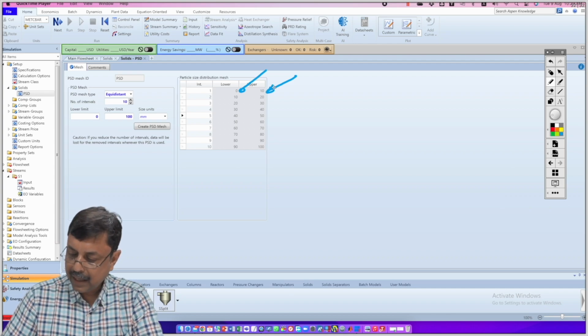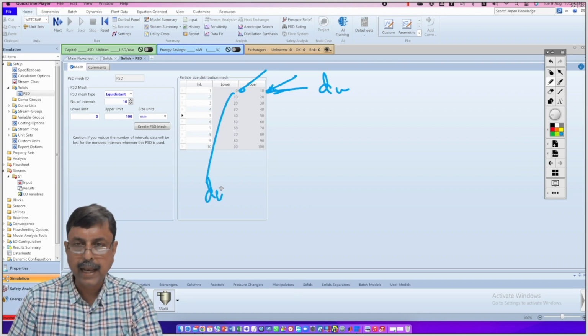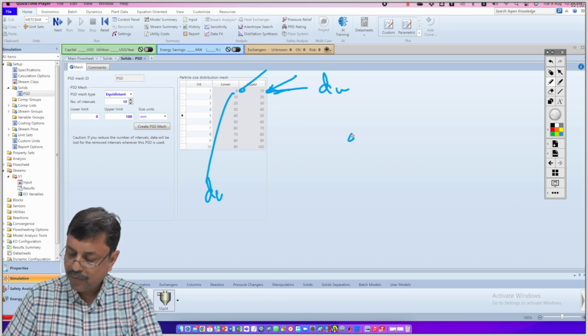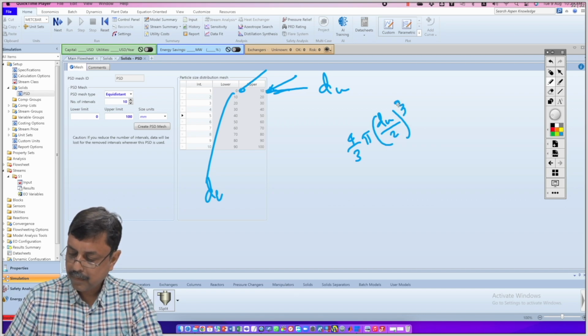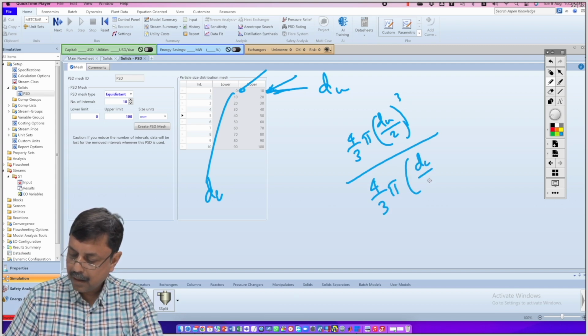That means if the upper limit diameter is du and the lower limit is dl, then 4 by 3 pi r cube over 4 by 3 pi r cube, the ratio of the two will be 2.